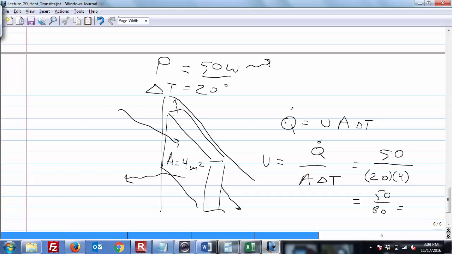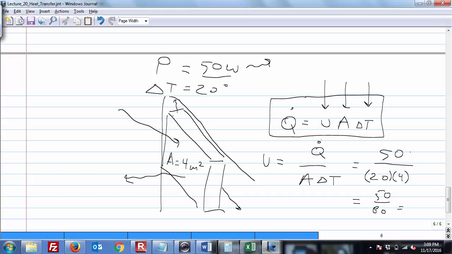Now, the equation for heat transfer is Q dot equals U, which is the thermal conductivity, times the area times delta T. So we're going to say that if you made this system bigger, you're going to lose more heat through it. So what we're solving for is U. U equals Q dot divided by A divided by the temperature difference.